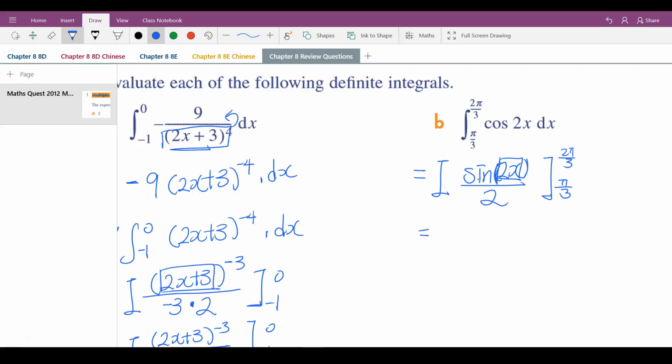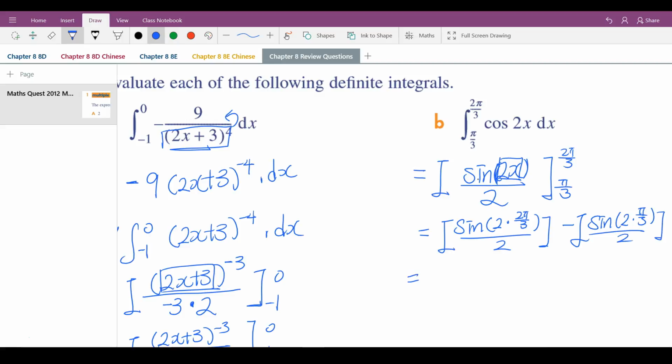Nothing else we can do, so we can sub the values in. So sine of 2 times 2 pi over 3, all over 2, minus sine of 2 times pi over 3, all over 2.